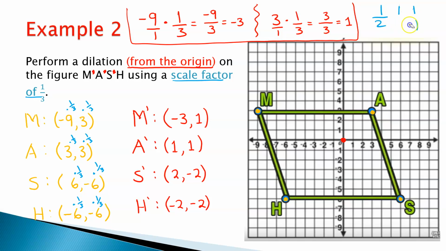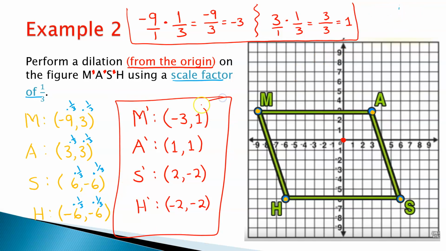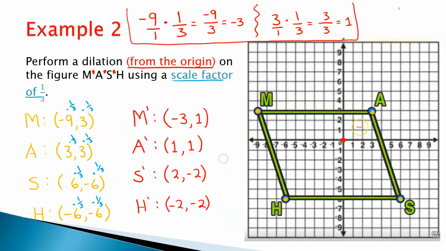All right, so let's go through and actually graph it. This should be my new image here. I just have to graph it, and I should see it somewhere inside, right? Because my scale factor is 1/3. It's shrinking. It's pulling everything towards the center. So let me plot the first one. M prime is -3 to the left, 1 up. Label that M prime.